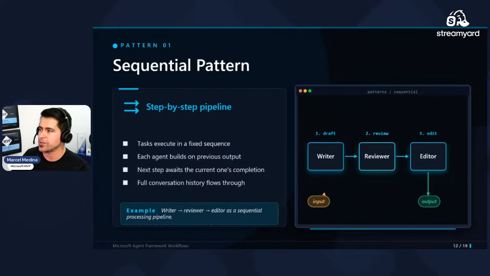And in here, we're going to go to the first pattern, the sequential pattern. As you can see, we have building blocks. This is an example where, let's say, we're writing a blog. So you are the writer, but for this case, we have an agent that's going to write something and create a draft. Then you could bring a reviewer, another agent that's going to provide some sort of feedback.